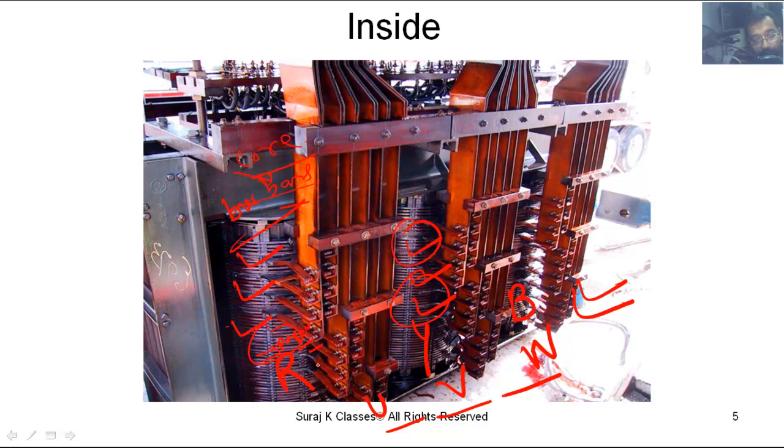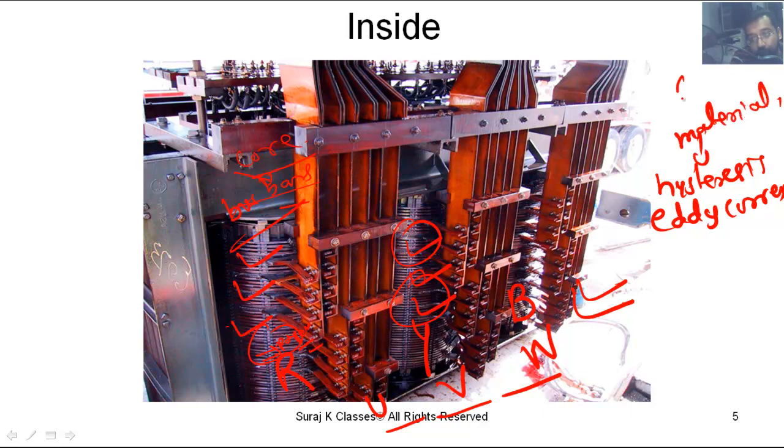There are two losses in a transformer: hysteresis losses and eddy current losses. Hysteresis losses depend on the material of the core. Eddy current losses are eliminated by this paper insulation.